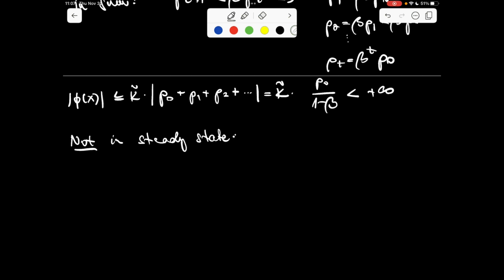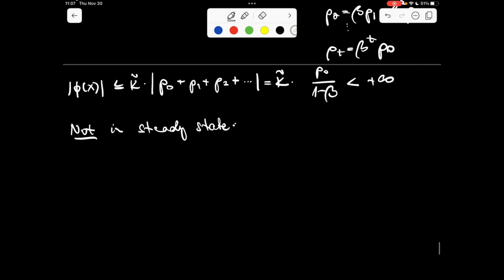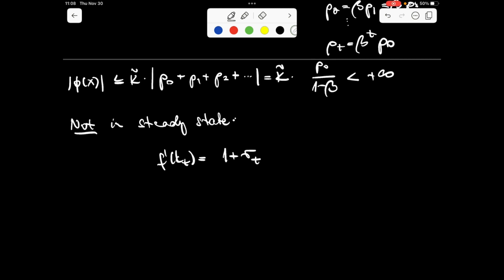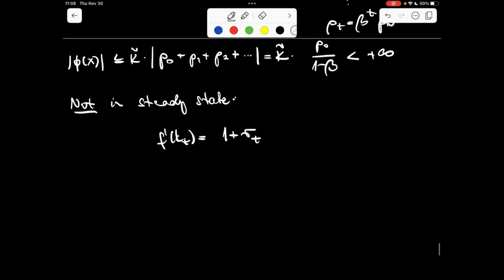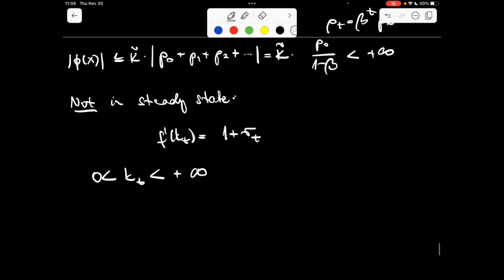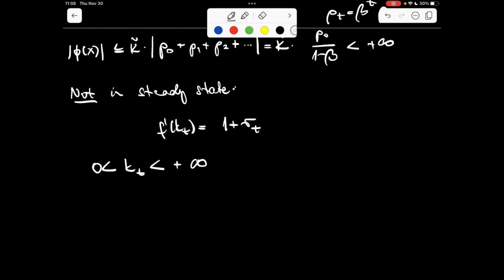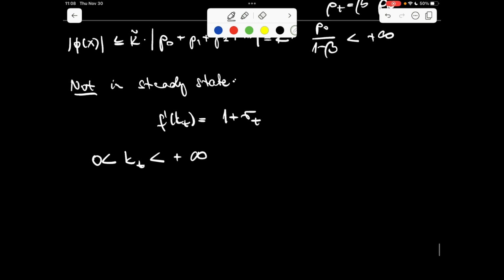So there is only a finite number of periods when we are outside the steady state, but here it is also true that the marginal product of capital describes the interest rate, but this must be finite because given the conditions, the capital stock must be strictly positive and finite, because of which this is R_t.